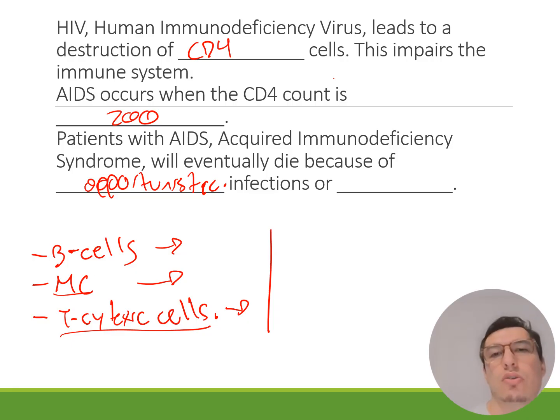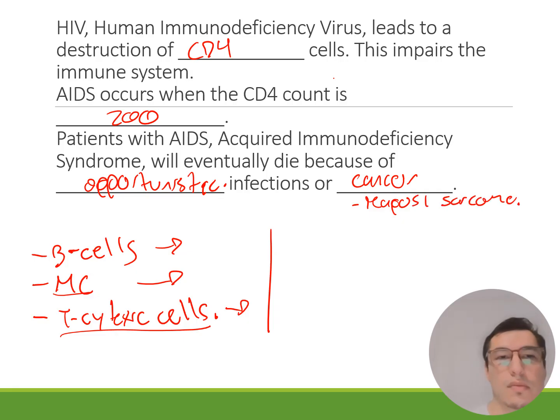So there is also a risk for cancer, mostly Kaposi sarcoma. Now, some of the medications that are used in HIV are aimed at attacking how the virus is spread, such as replication of that virus.